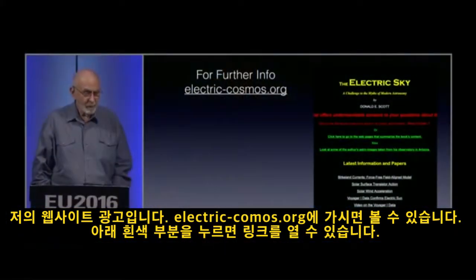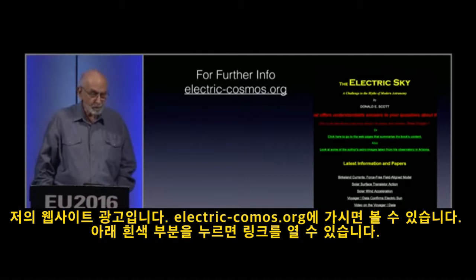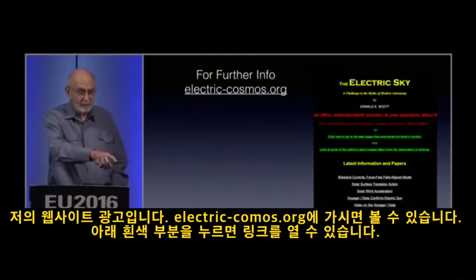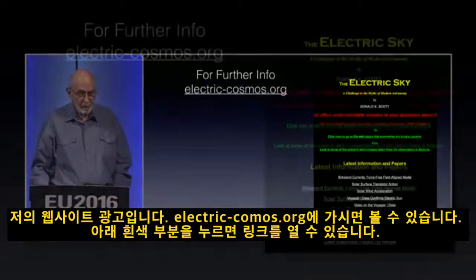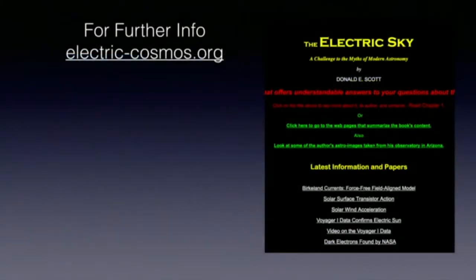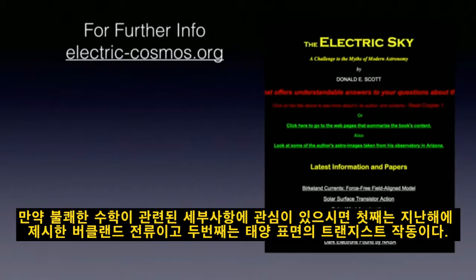There's the advertisement. That's my website. If you go to electriccosmos.org, you'll get that. The stuff in white at the lower right-hand is clickable links, if you're interested in the gory details of the mathematics involved in all three. The first one is the Birkeland current thing that I presented last year.